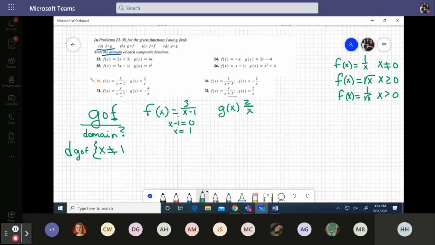All right, now remember, you're doing g of f, right? So you're going to have 2 over 3 over x minus 1. How do you divide a fraction by a fraction?